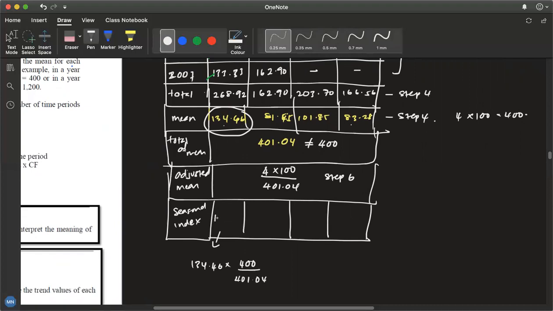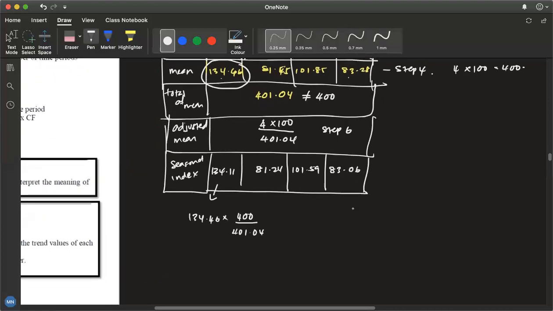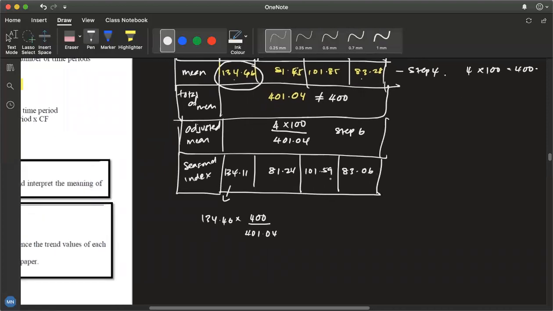So this one should be equal to 134.11. And this one should be 81.24, and this is 101.59, and this is 83.06, right? So we clear this one. So we already calculated the seasonal index.